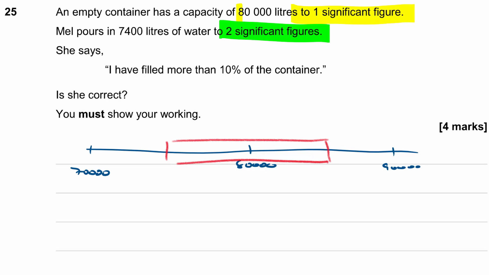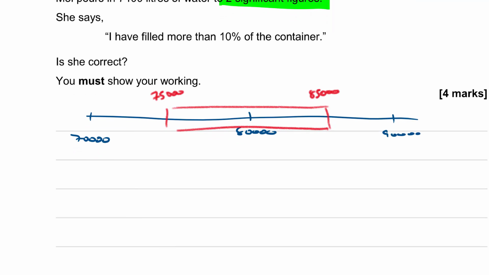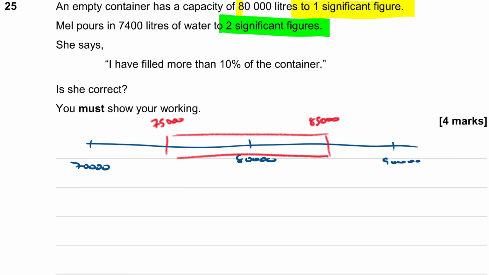So more than halfway between 70,000 and 80,000, so our boundary there is 75,000, and at the other end less than halfway between 80,000 and 90,000, so less than 85,000. So there are upper and lower bounds for the capacity of the container.